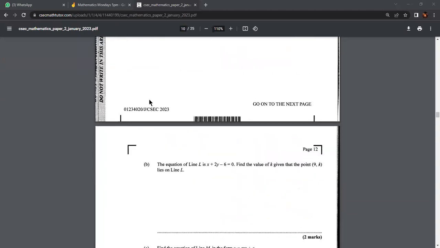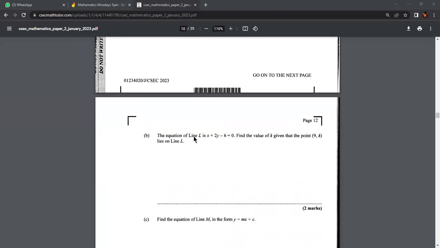All right, so the next question was: the equation of line L is x plus 2y minus 6 is equal to 0.